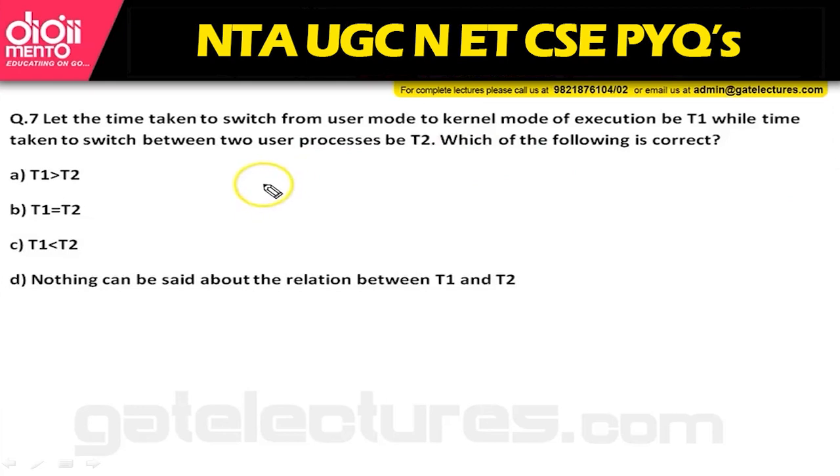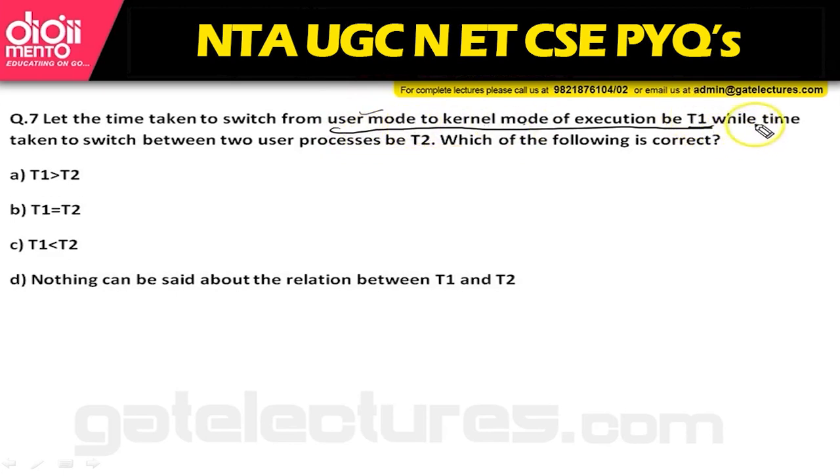So we have the next question, which says: let the time taken to switch from user mode to kernel mode of execution be T1. When we switch from user mode to kernel mode, we use our PCB, process control block. Suppose I have registers and resources which I'm using, all of those will be stored, and the PCB will hold all the information, so that when the kernel is done with its work, it will continue like nothing happened.